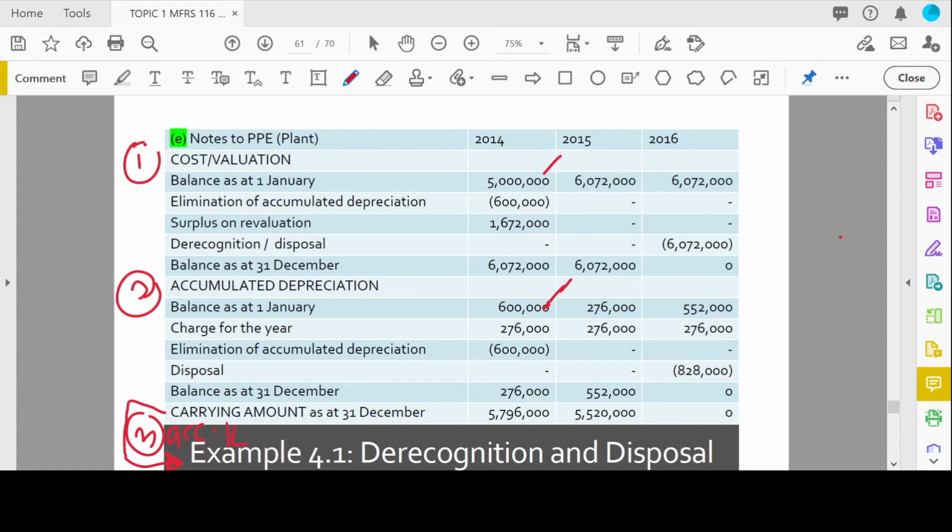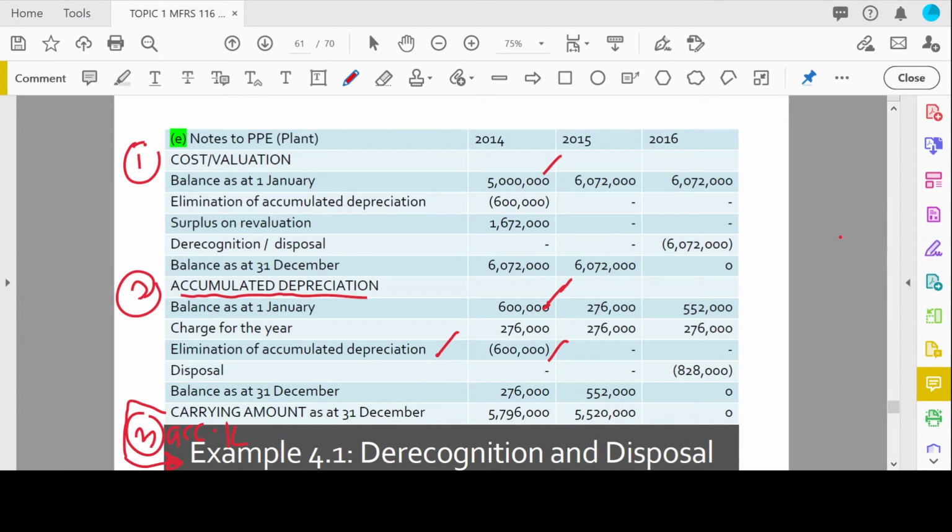So the previous balance is how much? 600,000. Debit accumulated depreciation means that you reduce the accumulated depreciation, you deduct from your accumulated depreciation account. So you are going to show a deduction of 600,000 because of the elimination of accumulated depreciation.